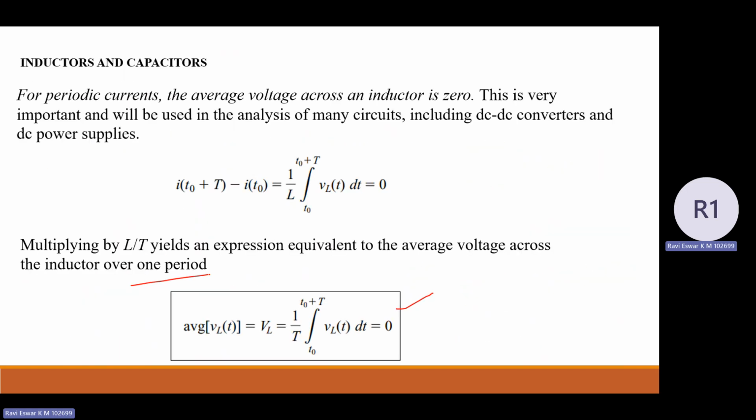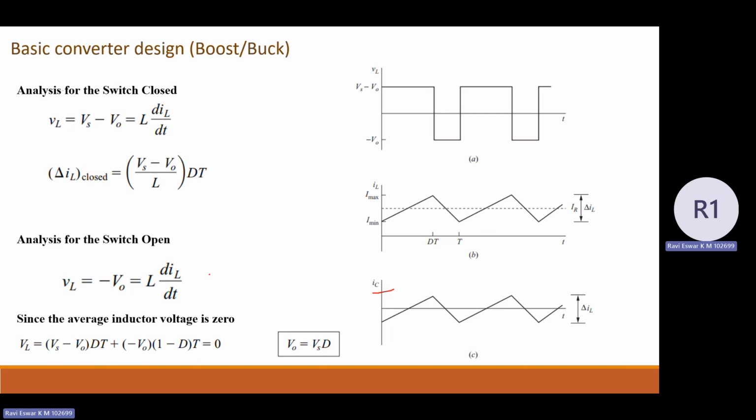Again, we have seen the output voltage is equal to Vs into D. Now, how do we design the value of the inductor and capacitor? Once the converter is given and specifications are given, you should be able to design the value of the inductor and the value of the capacitor. Let us go for the mode 1 case.